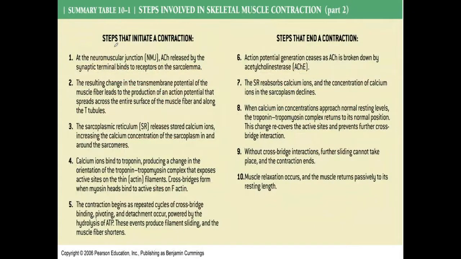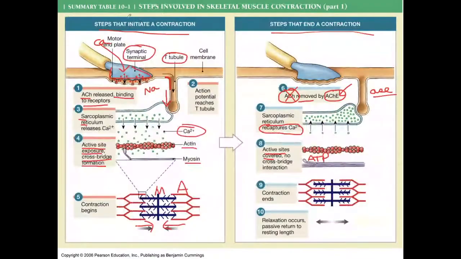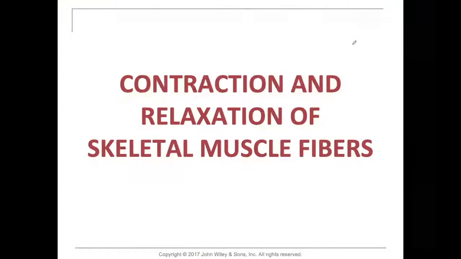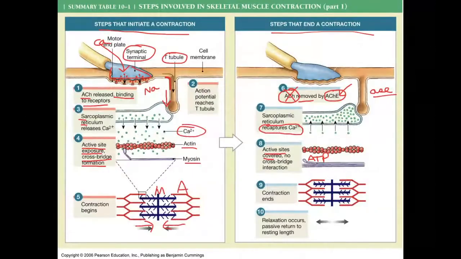Okay, so everything here on the left side goes along with everything here on the left side. So when you watch this back, everything here on the steps that end contraction goes along with everything here on the right-hand side.